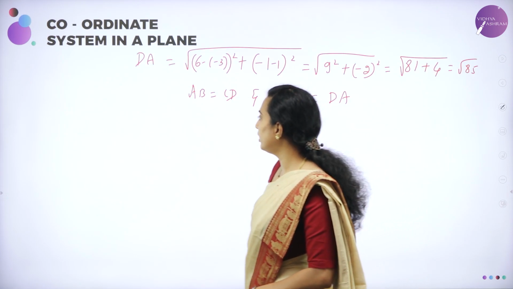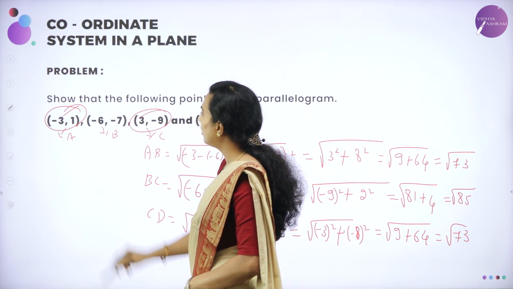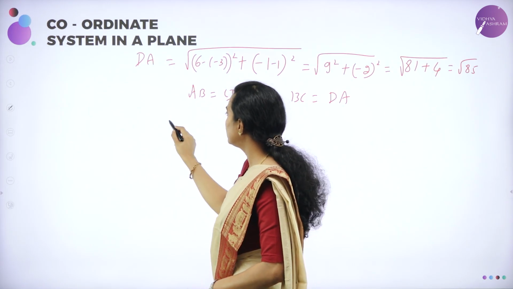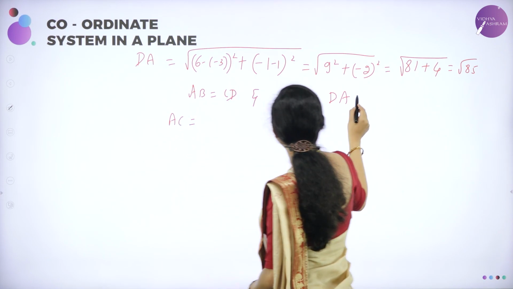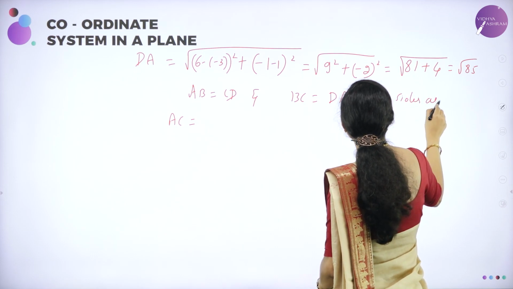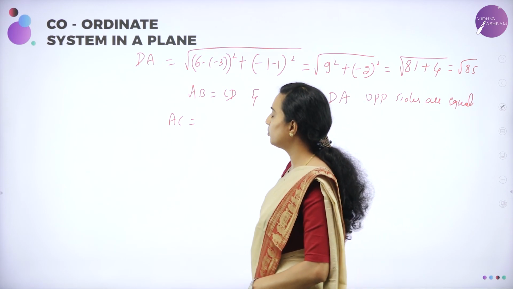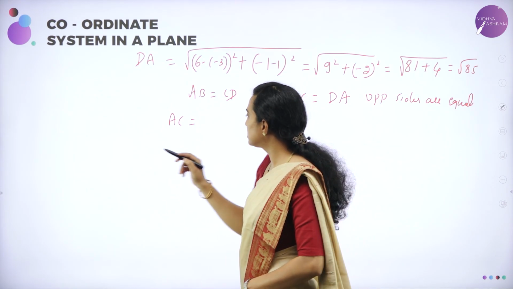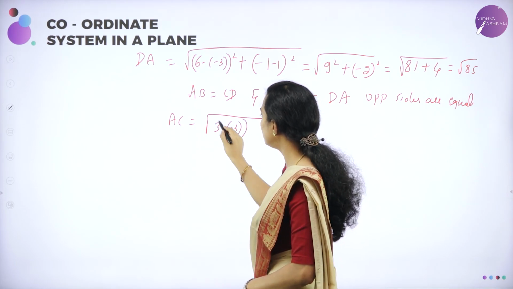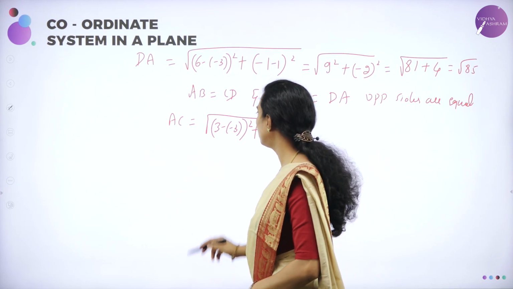What is a diagonal? Let me find out. AC, this one, A and C. Okay, so let me find out this. What is that? 3 minus of minus 3, AC. You must write that. AC is equal to square root of 3 minus of minus 3 whole square, plus minus 9 minus 1 whole square.